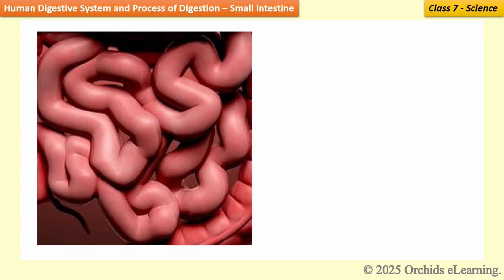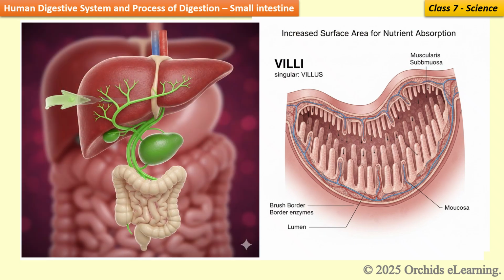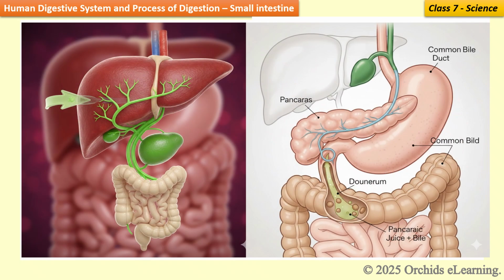Small intestine. It is a coiled structure with a length of around 7.5 meters. The inner walls of the small intestine have thousands of finger-like outgrowths. These are called villi. Singular, villus. Bile secreted by the liver, and pancreatic juice from the pancreas, is received in the small intestine.